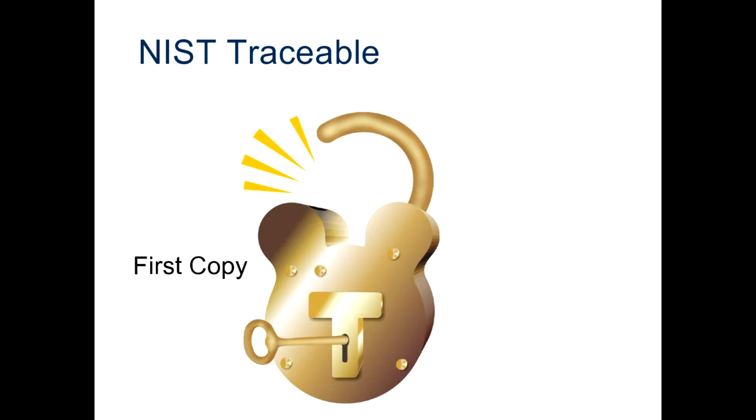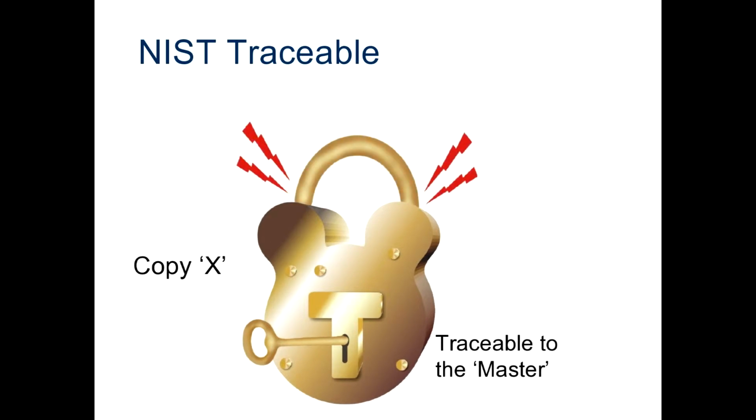But if we continue to make copies of copies of copies, at some point we would probably find that one of those copies no longer opens that lock. And that's because we've had degradation all along the chain of copies. Now, that copy is still traceable to the master key, but it is no longer able to open the lock because of the degradation. This is very much how NIST traceable works.